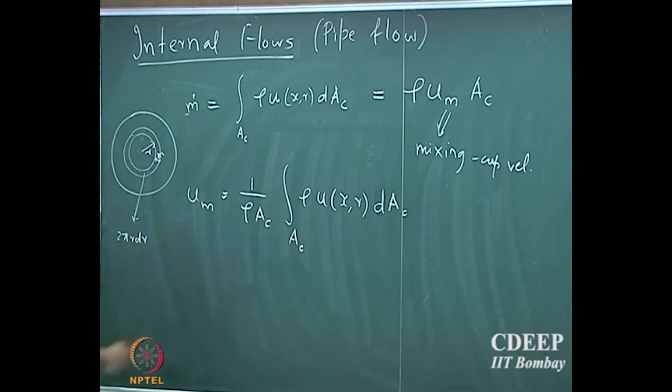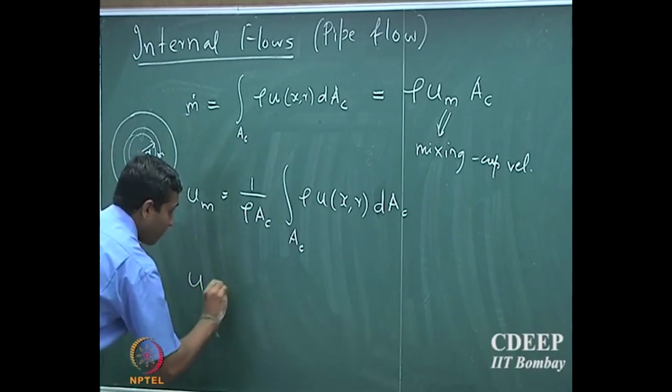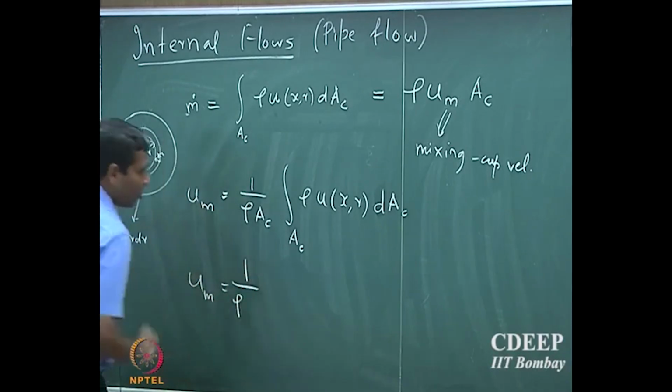Okay, so I can plug that in here. UM will be 1 by rho.